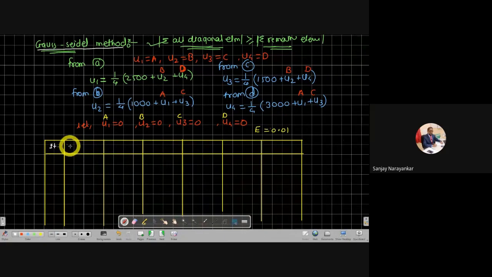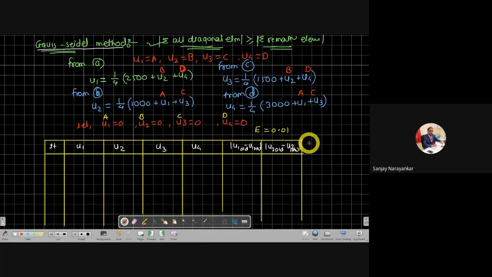Okay. U1, U2, U3, U4. Then here you're supposed to write mod of U1 old minus U1 new. Similarly, mod of U2 old minus U2 new.